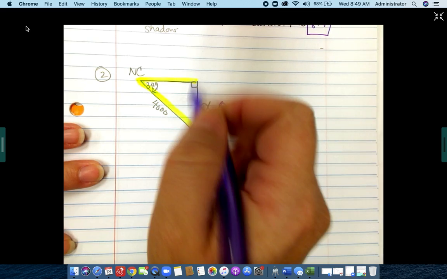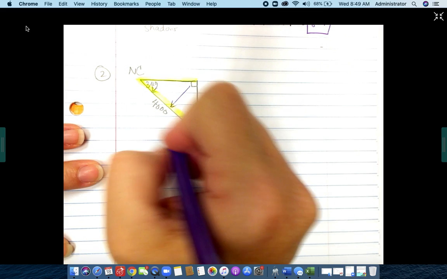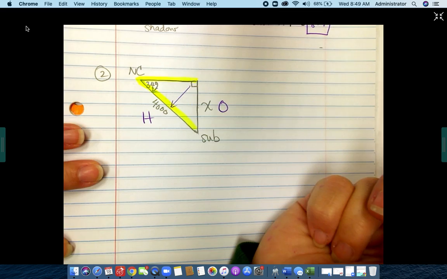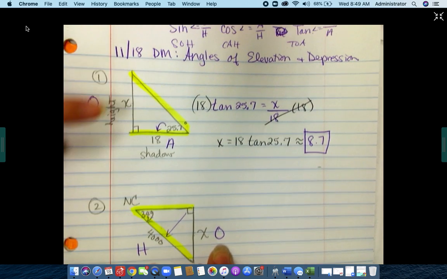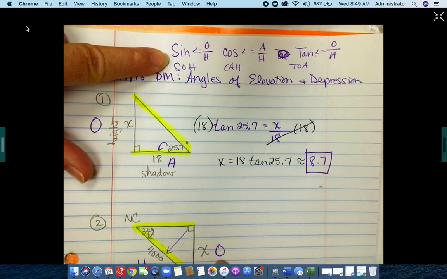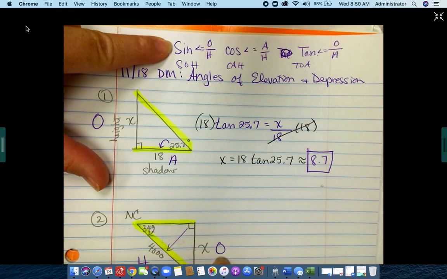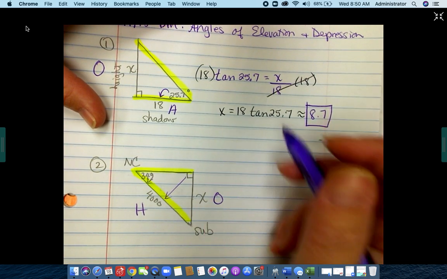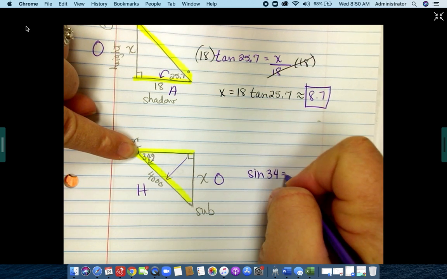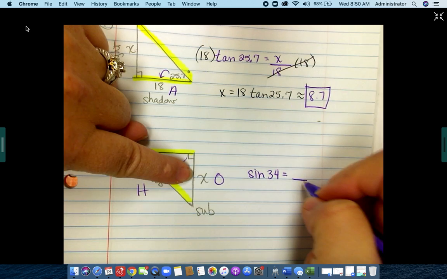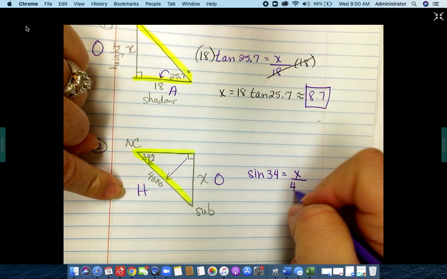This side is the diagonal side across from your right angle, so it is the hypotenuse. So since we have O and H, if we refer back to SOHCAHTOA, O and H means we're going to use sine. So sine of your angle measure 34 equals the opposite over the hypotenuse.